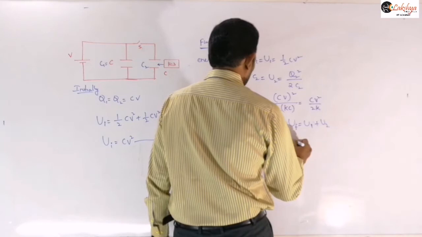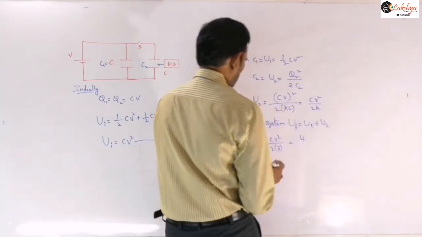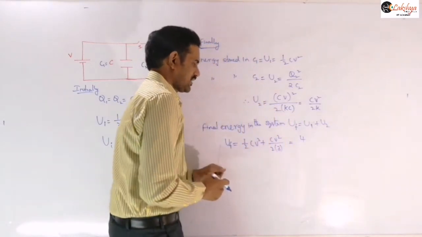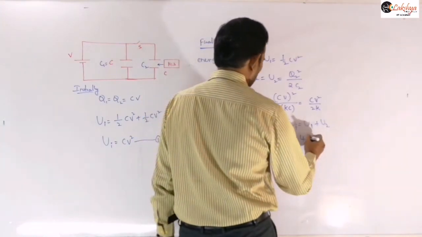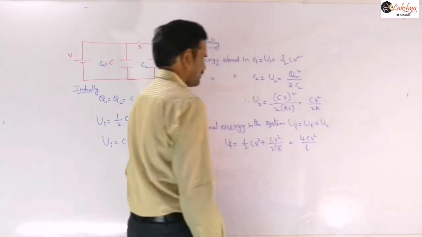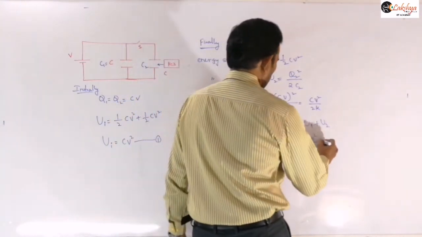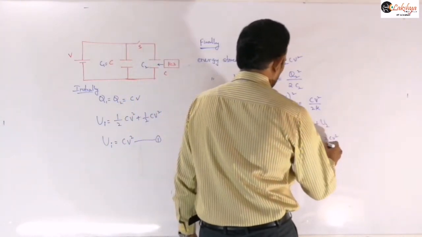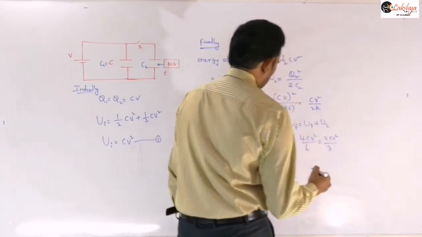Now let us take the LCM here. 3 plus 1 is 4, so you will get 4CV square by 6, which is nothing but 2CV square by 3.